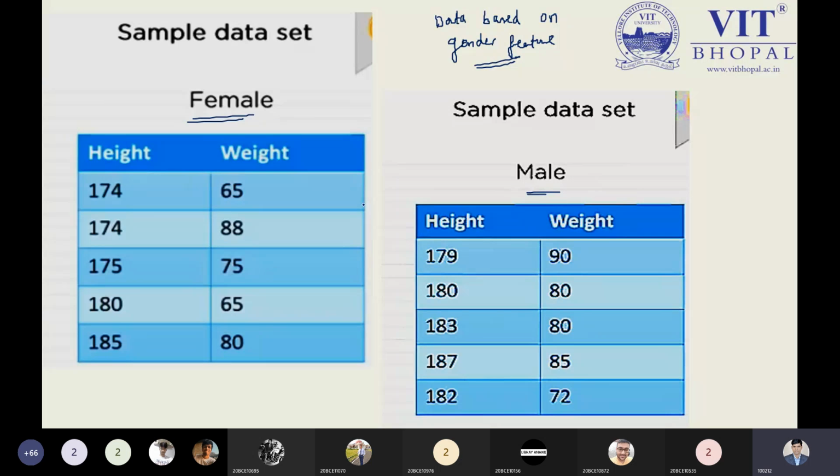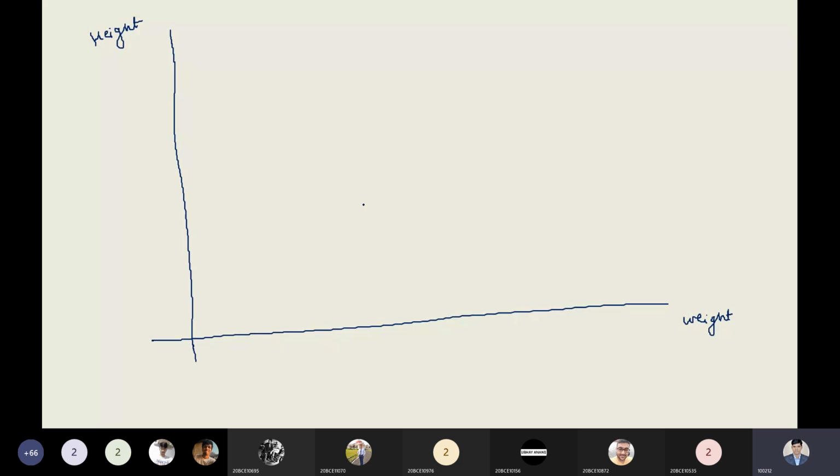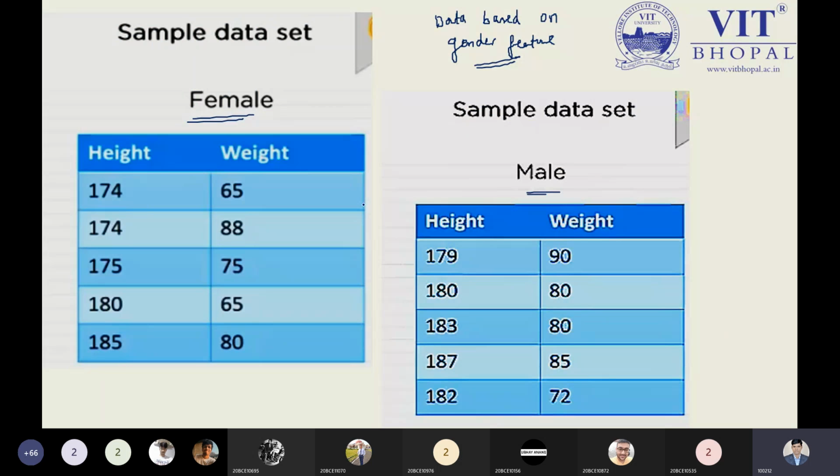From the weight parameter, I'm assuming the x-axis is the weight. What information do we have? The minimum weight is 65, with values 90, 80, 80, 85, 72, 65.